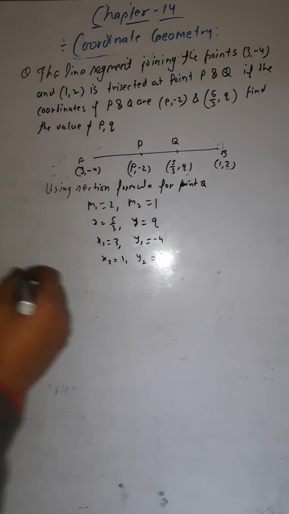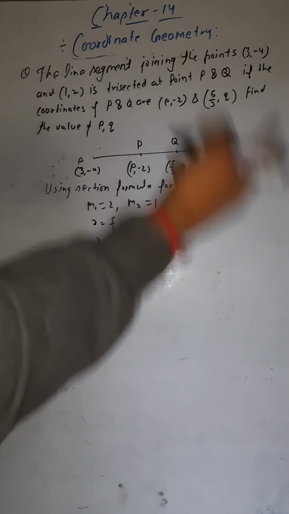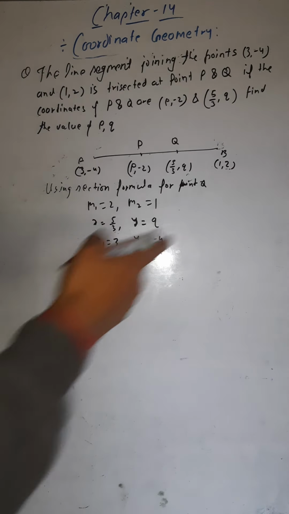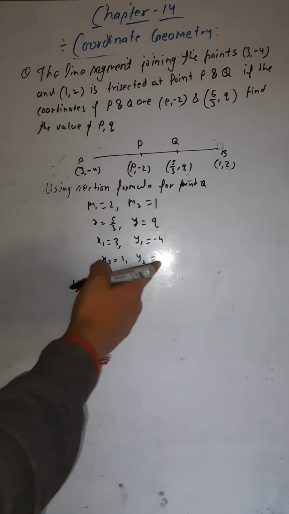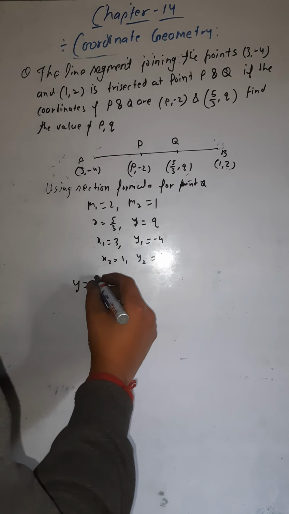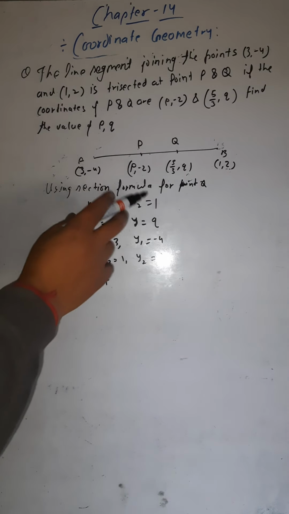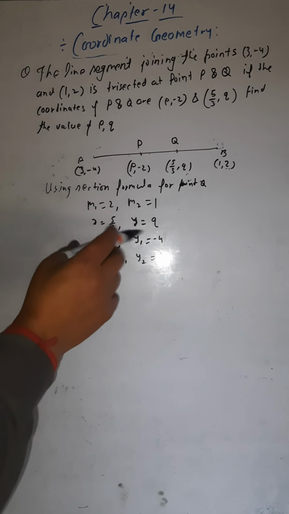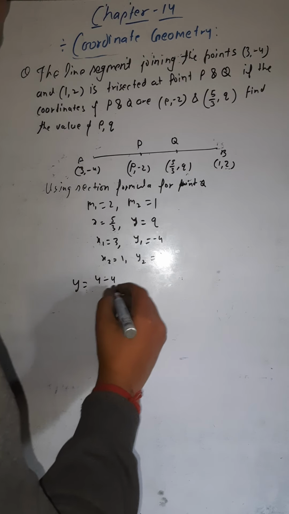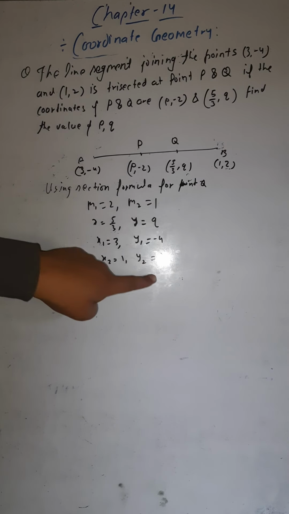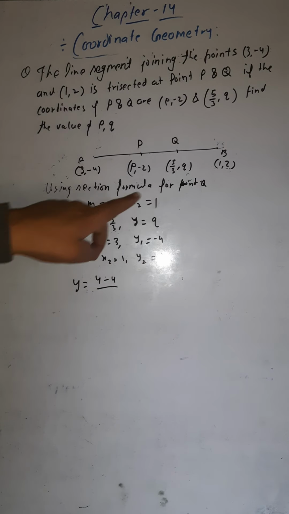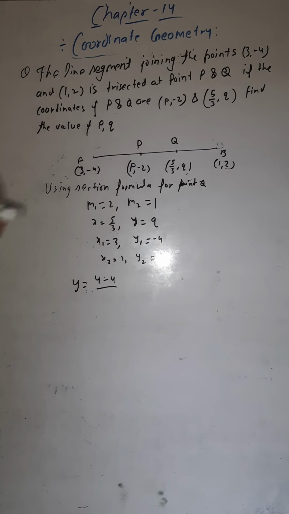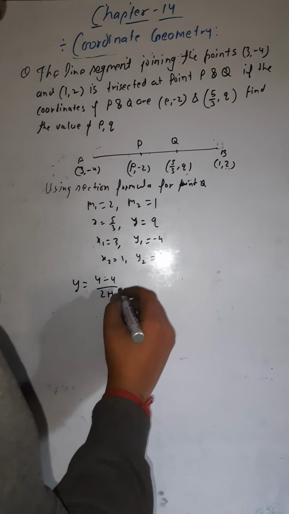You know Y is equal to (M1 Y2 plus M2 Y1) divided by (M1 plus M2). M1 Y2 means 2 times 2 is 4, plus M2 Y1, which means minus 4, divided by M1 plus M2, which means 2 plus 1.